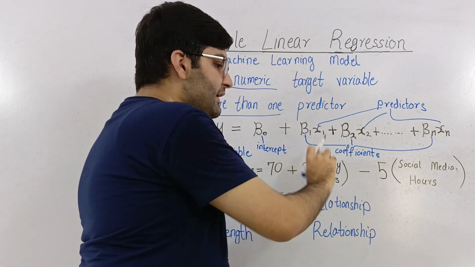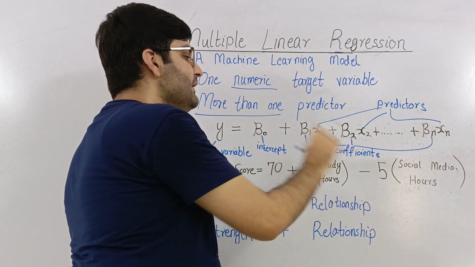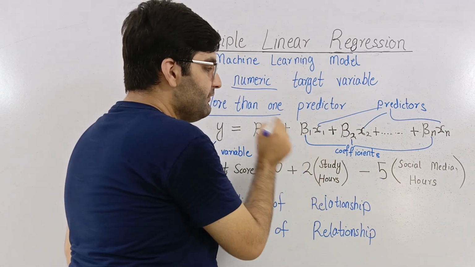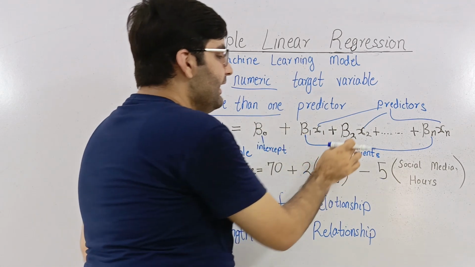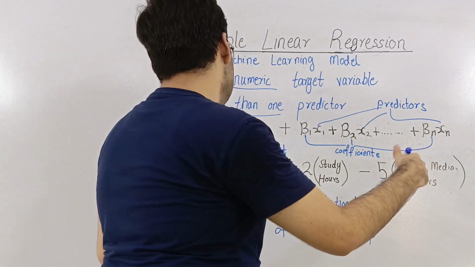Each predictor variable has a coefficient associated with it. For example, x1 has beta 1 associated with it, x2 has beta 2 associated with it, and so on.